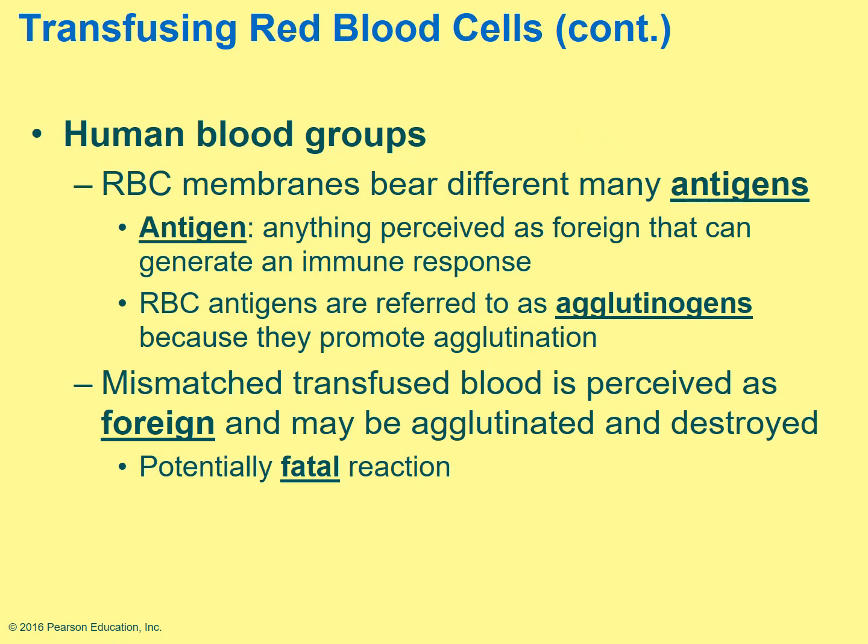So when we look at the human blood types, the red blood cell membranes have a lot of different markers on them that we refer to as antigens. And then we're going to use this for the blood typing. When you get a blood transfusion, you're usually getting red blood cells that have these antigens, these markers on them.